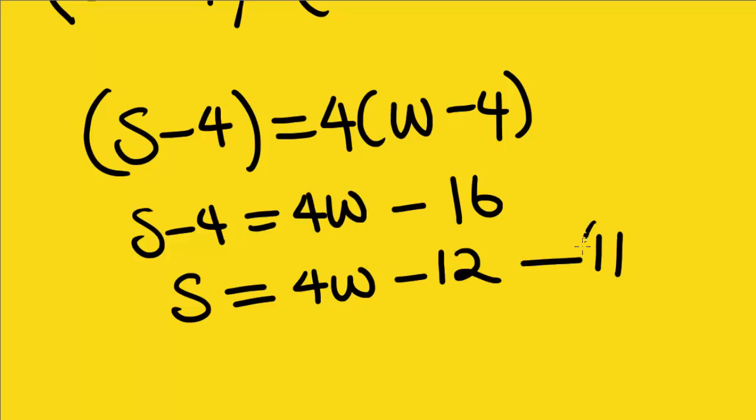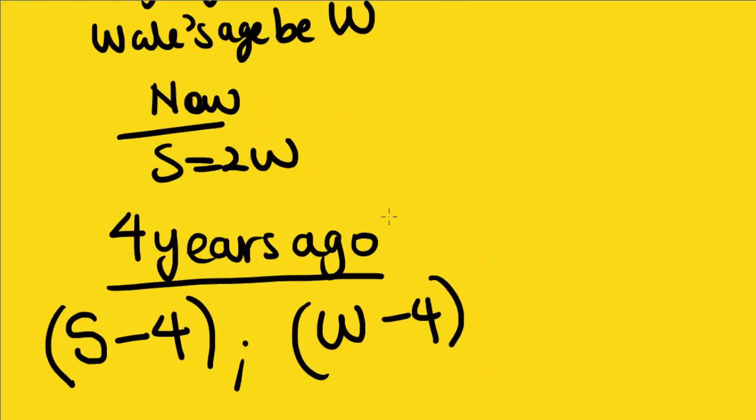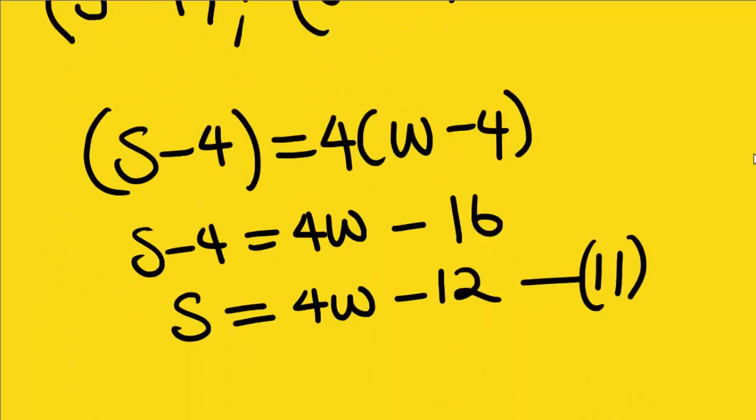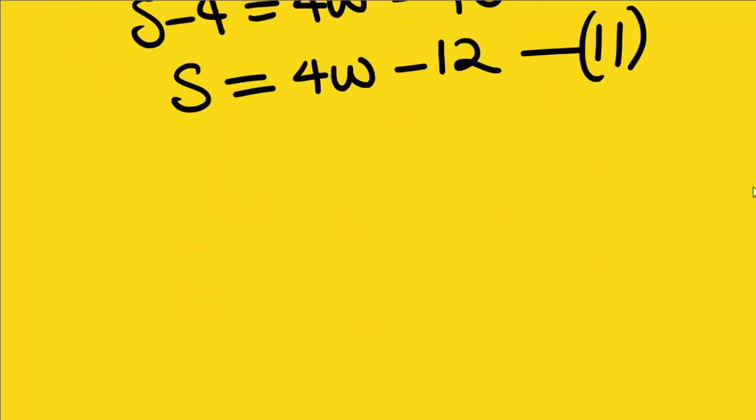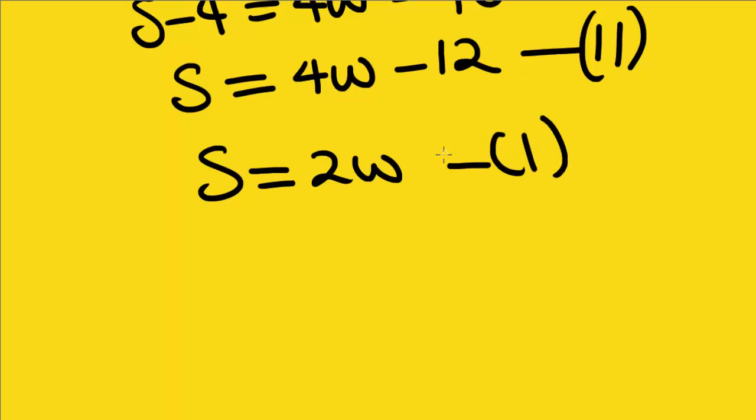This I'll call equation 2 because that's the second sentence that was given in the question. The first sentence said that Sonny's age is now twice that of Walle's age now. So that's equation 1. So I'm just going to write them together. So these are the 2 equations we're basically given in the question.